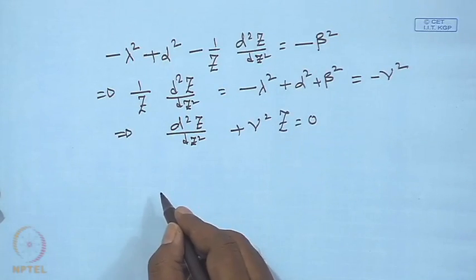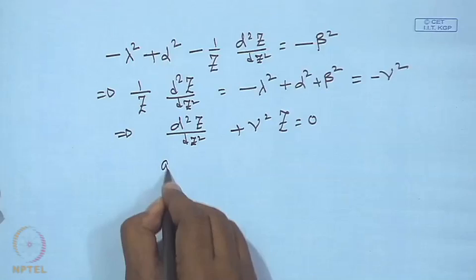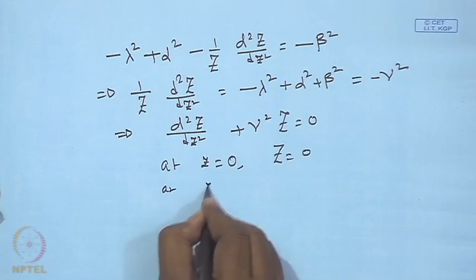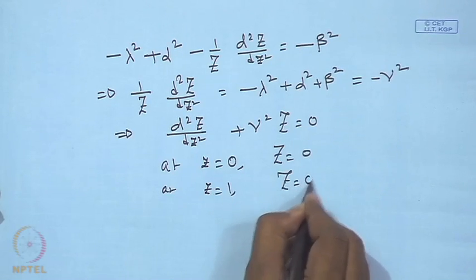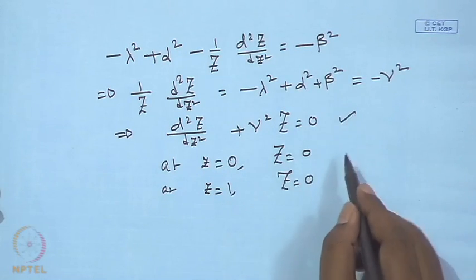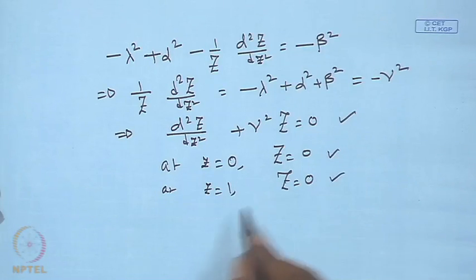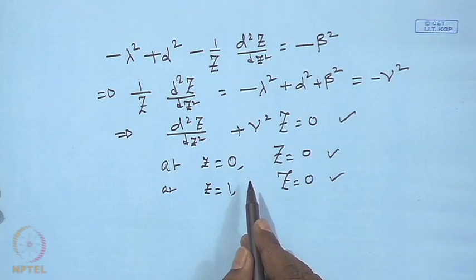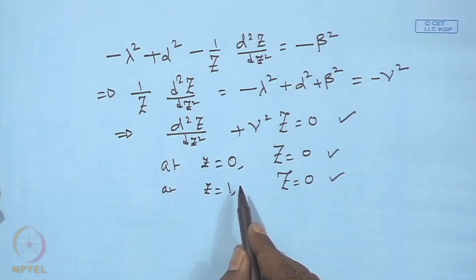Now, we get the boundary conditions on z. The boundary conditions of the original problem were Dirichlet homogeneous, so the boundary conditions on z should again be Dirichlet homogeneous. At small z equal to 0, capital Z is equal to 0, and at small z equal to 1, capital Z must be equal to 0. Again we see this is a typical standard eigenvalue problem with homogeneous boundary conditions. The eigenvalues of this problem are known, given by p pi, and the eigenfunctions are sine functions, sin p pi z.